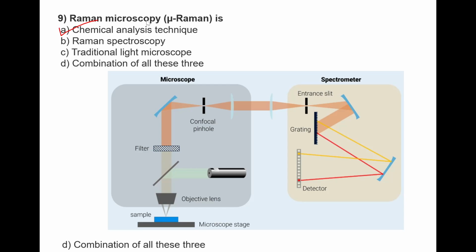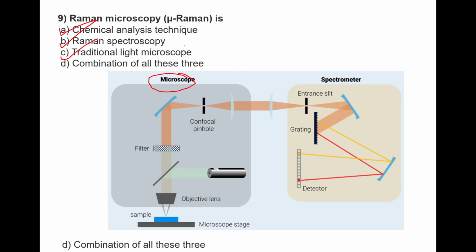This Raman microscopy is giving you the chemical analysis that I discussed. Then from the figure you see that it is an addition of Raman spectroscopy with a microscope, so option B is also correct here. Raman spectroscopy is also a correct option here. And then you also add a traditional light microscope from here.